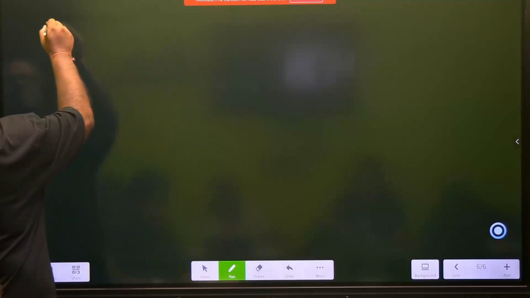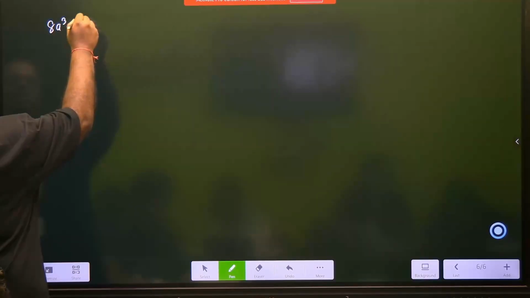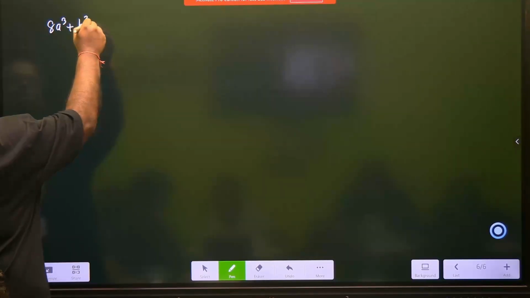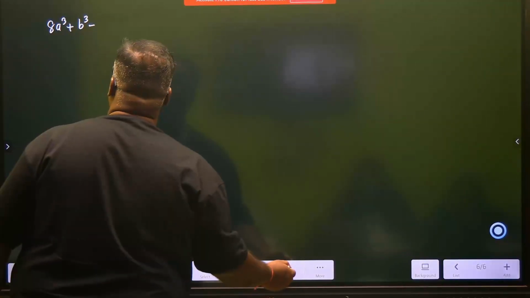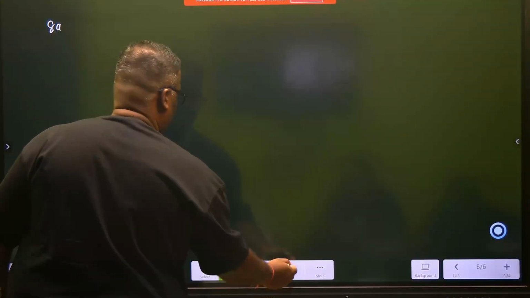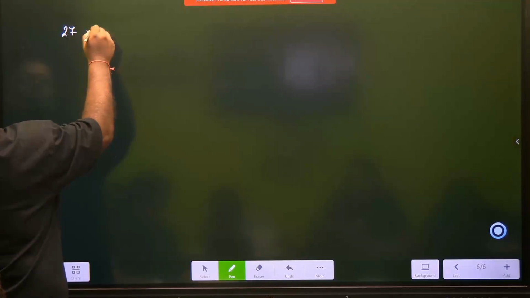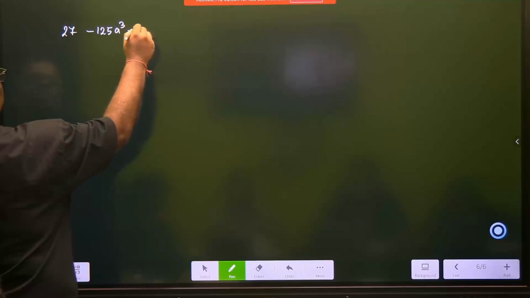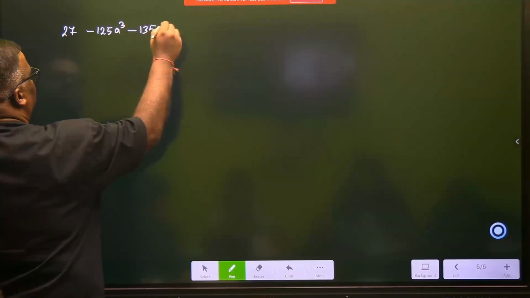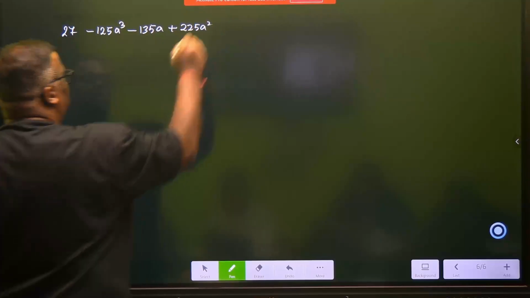So we have to factorize this. 27 minus 125a cube minus 135a plus 225a square. Let's do it.